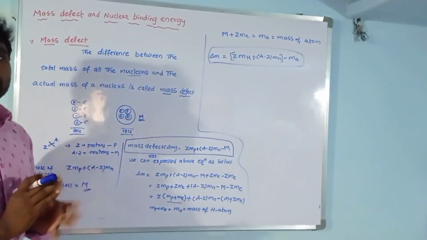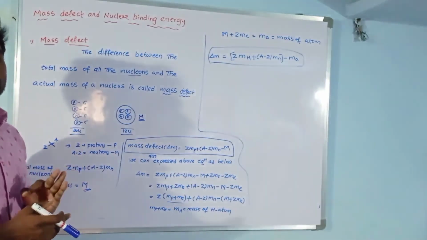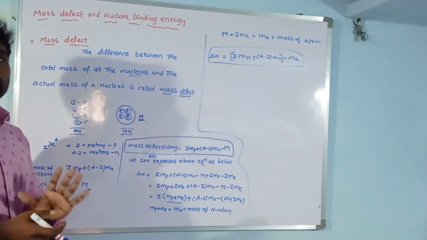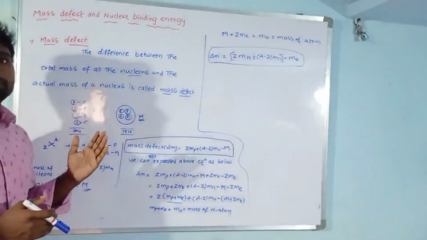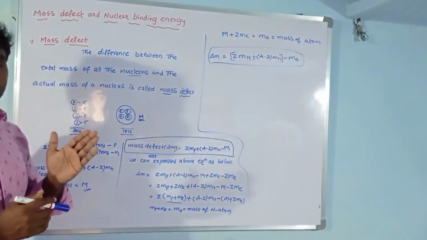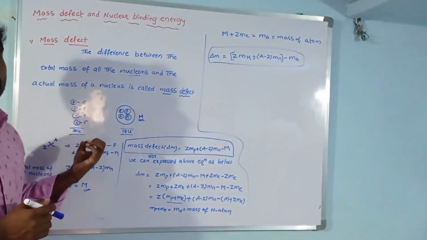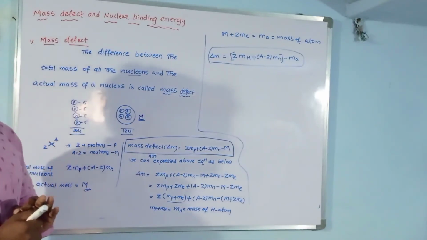So where does it go? The disappearing mass is converted into energy, and that energy is called binding energy. This is based on mass energy equivalence.